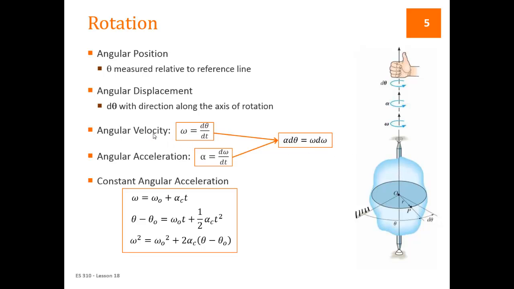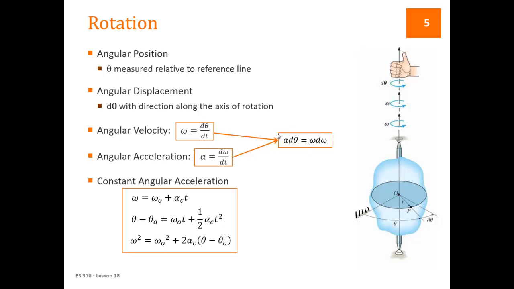The angular velocity is defined as the time derivative of θ, just like the linear velocity was defined as the time derivative of position. So omega, your angular velocity, is equal to dθ/dt. The angular acceleration is called alpha. Alpha is just the time derivative of omega, so those are equivalent equations to what we've seen before.